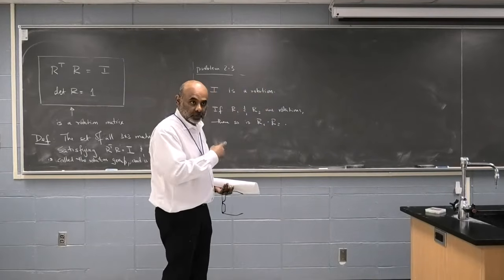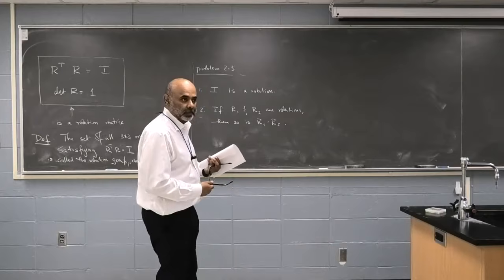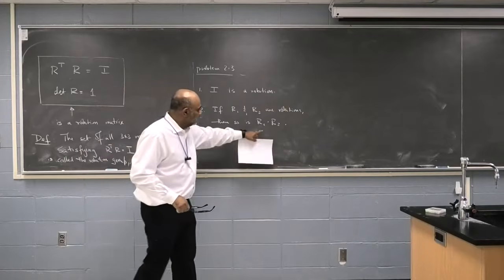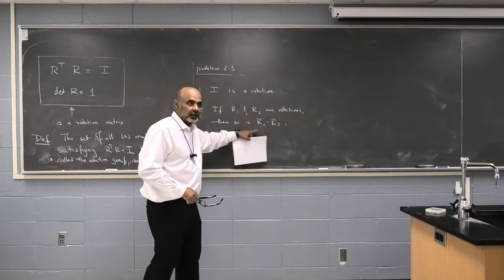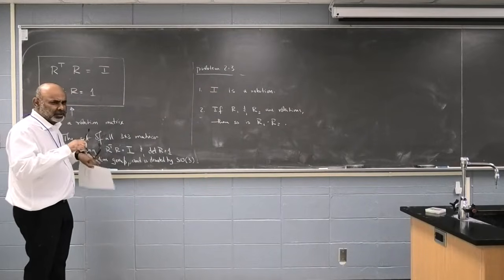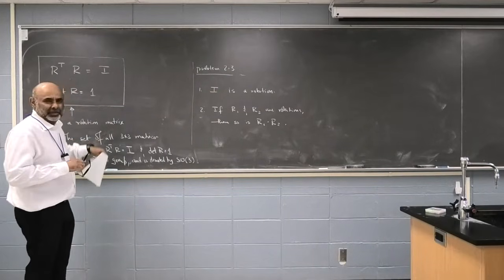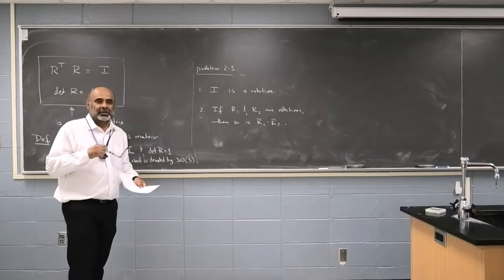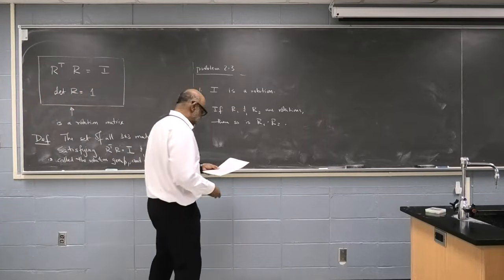This is a problem, so you have to work on it, because all you have to show is this product satisfies these rules. It's easy to do. You can look up all the properties of matrices.